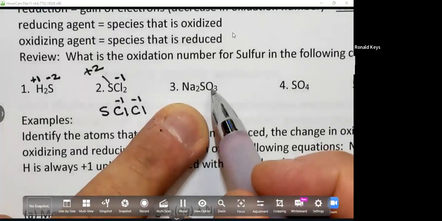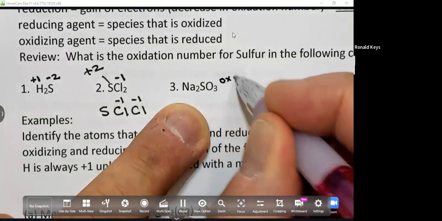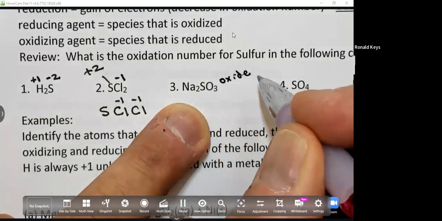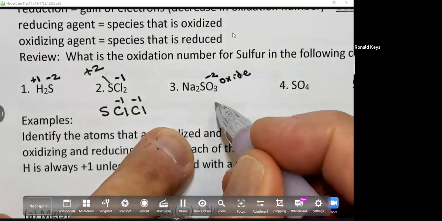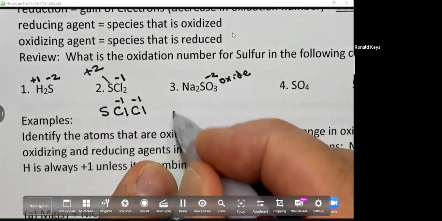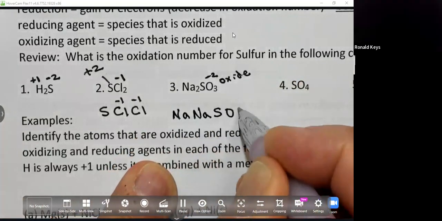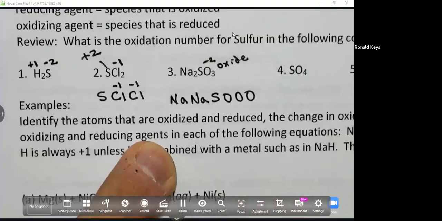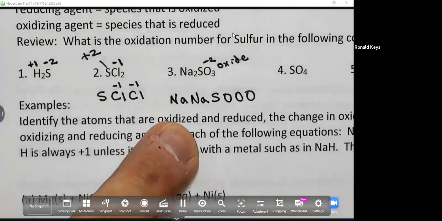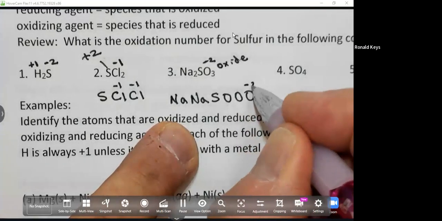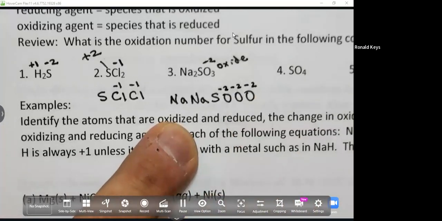This O here automatically is what? This is oxide, right? What's oxide have a charge of? -2. I guess I can write it out like this: Na Na S O. Oxide -2, -2, -2.